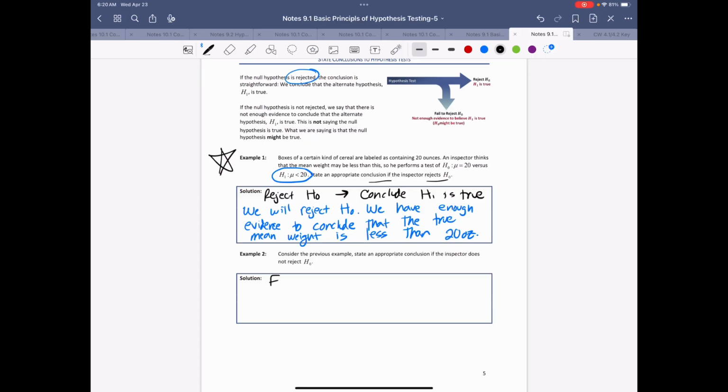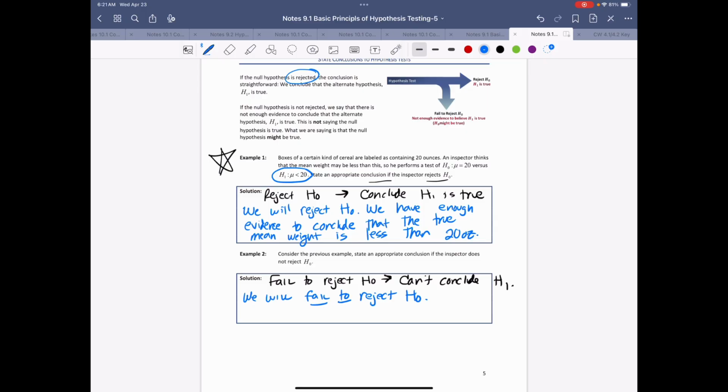Now, same example, but say that he doesn't get enough evidence and he doesn't reject H0. If we fail to reject H0, we can't conclude H1. And all you say about H0 is we reject it or we fail to reject it. It's almost going to look like the other one, so you've got to be careful. I'm going to say we will fail to reject H0. H0 is not going anywhere.